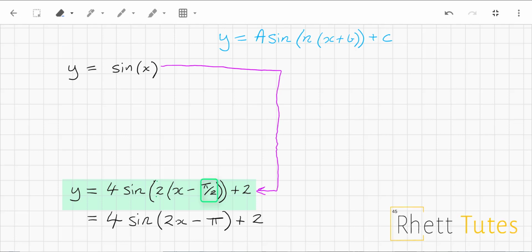Okay, so the first thing I want to do is dilate and reflect, and then I want to transform it left and right, up and down.